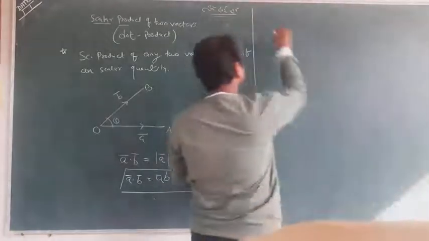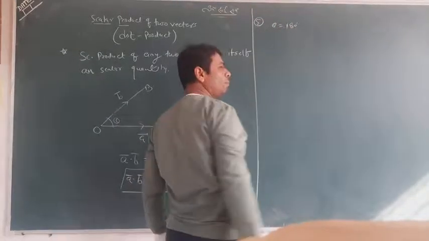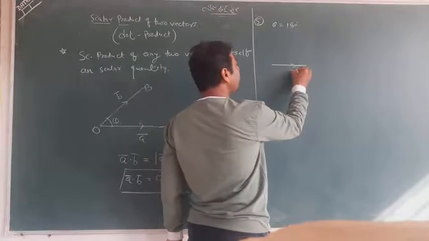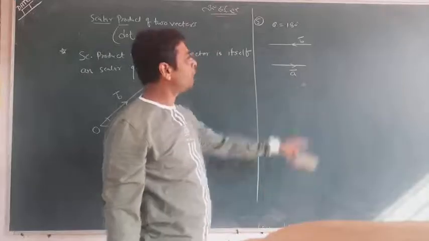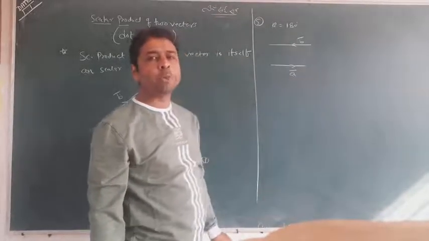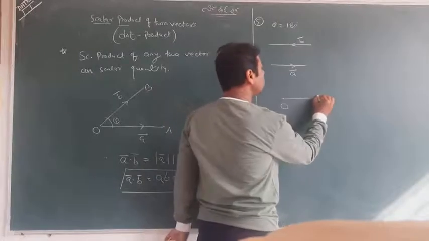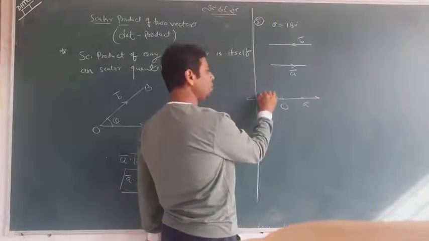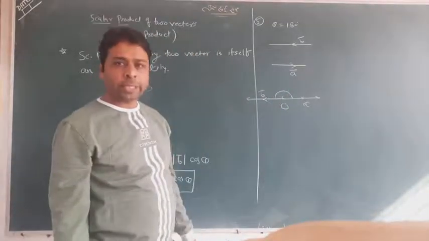The fifth point I am telling you here, when theta is equal to 180 degrees, again happens in two conditions. First, if A and B are parallel but in the opposite direction, the angle between these two will be 180 degrees. And second, this is O, suppose it is A and suppose this is B, the angle between them is equal to 180 degrees.